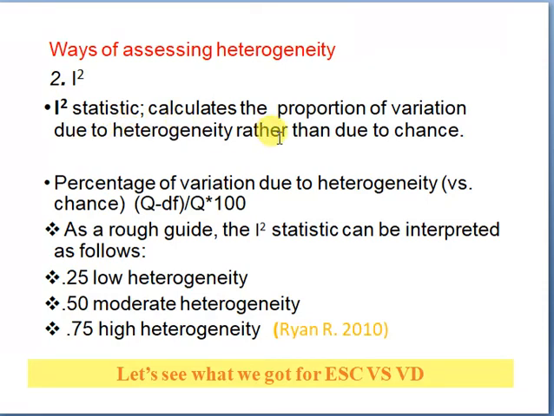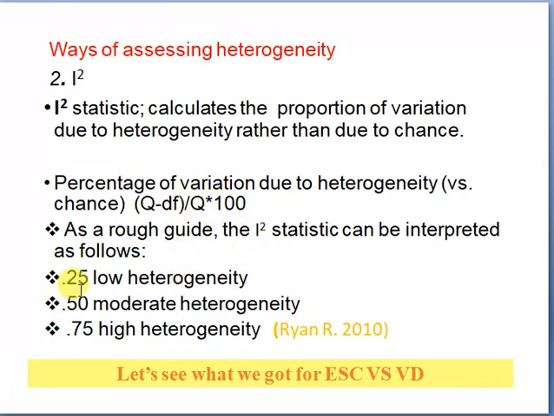The I-square statistic calculates the proportion of variation due to heterogeneity rather than due to chance. Chance is excluded by using the statistic. The percentage of variation due to heterogeneity versus chance can be calculated like this: Q minus degrees of freedom over Q, times 100, as a rough guide.